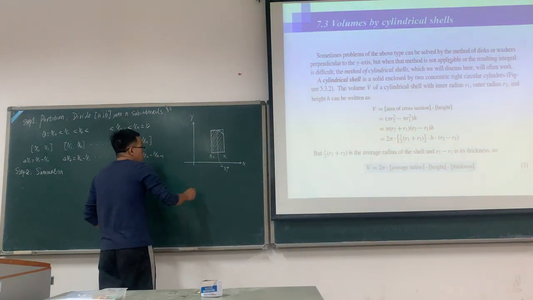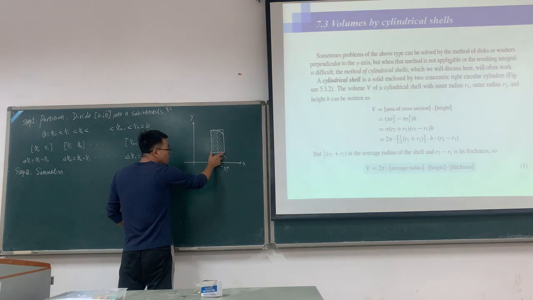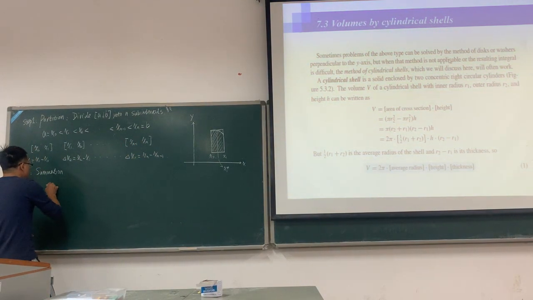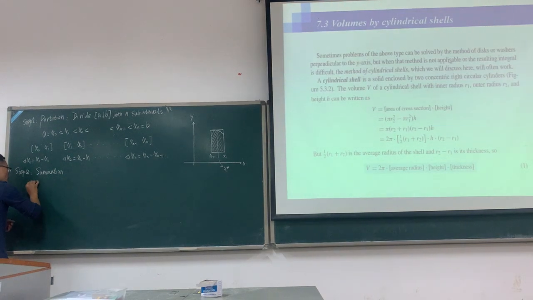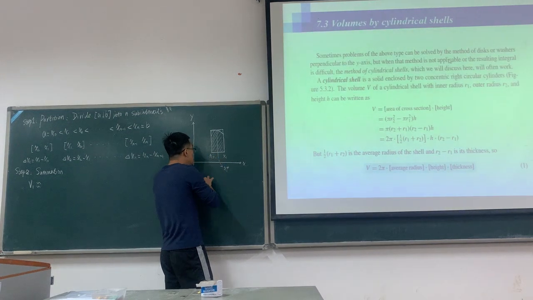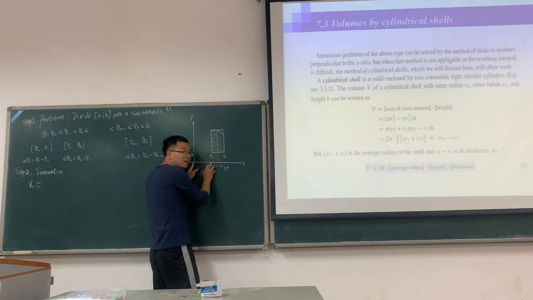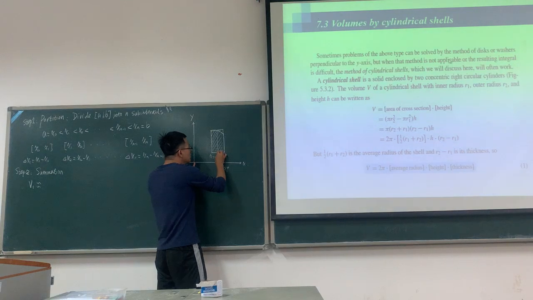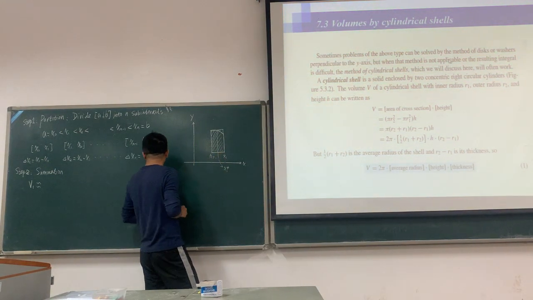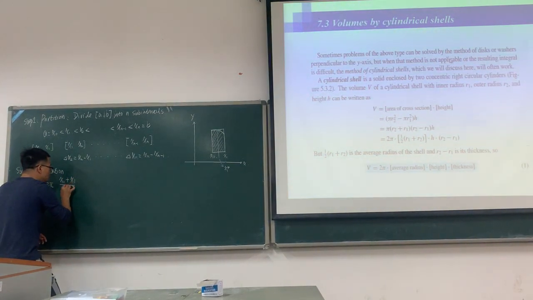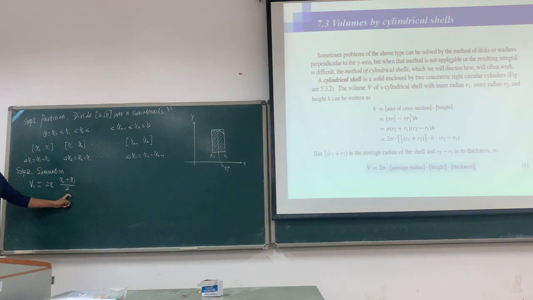So V1 is approximately equal to this. What's the average radius? The inside radius is x0 and the outside radius is x1, so the average radius is x0 plus x1 over 2.